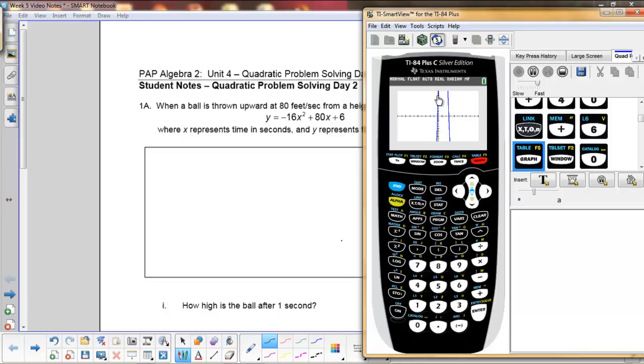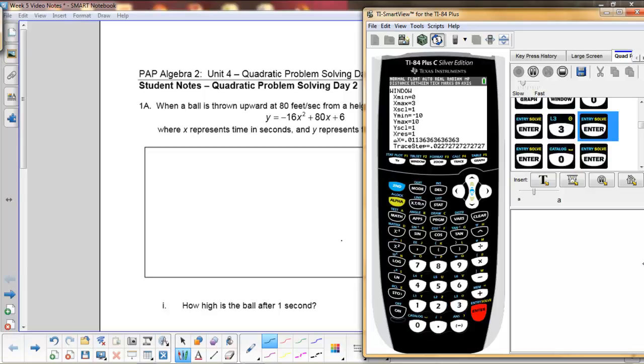And I reset my window screen back to what it's supposed to be. You most likely have not, so you may need to adjust a few of your numbers so that it becomes a clearer, easier to see picture, because most likely your parabola is very small inside of your viewing window right now. I went ahead and reset mine back to the 10 by 10 window so that it's easy for you to see how I change this each time.